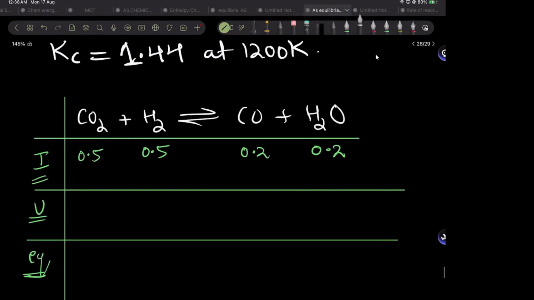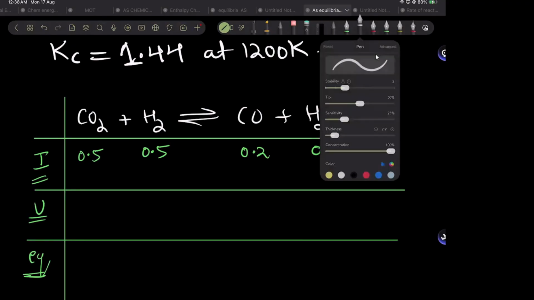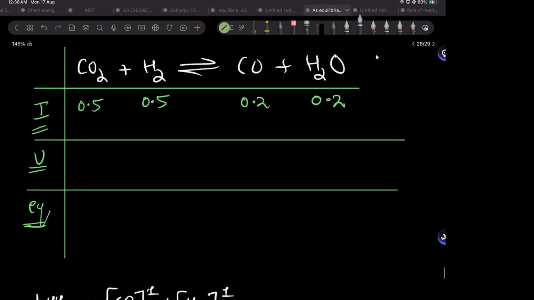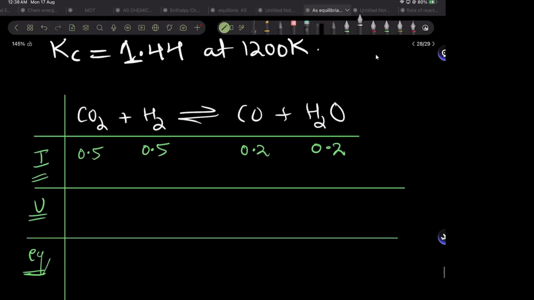So now what do I need? Whenever you're given the Kc value, you're expected to know some mathematical expressions. Let's find out the moles of, for example, the product at equilibrium. Now we do know that these two will react and form more carbon dioxide and H2O.